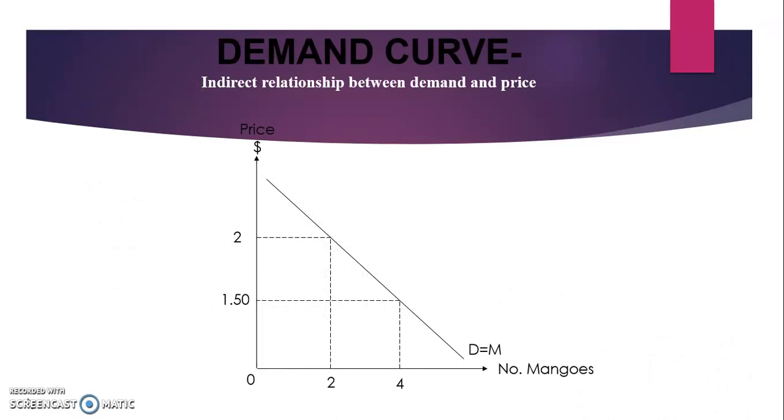What is this? This is a demand curve. This diagram is a representation between demand and price. This diagram is downward sloping, which means as price decreases, demand therefore increases.